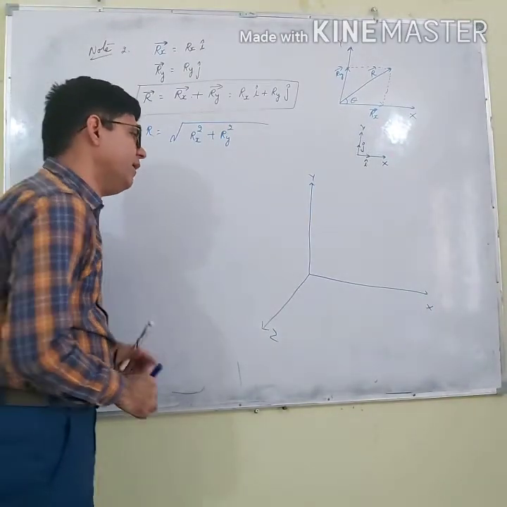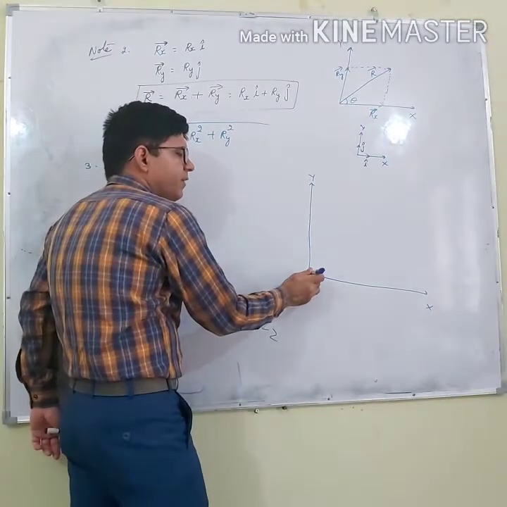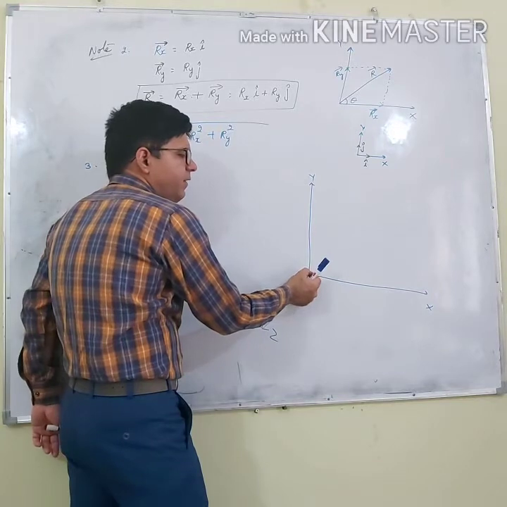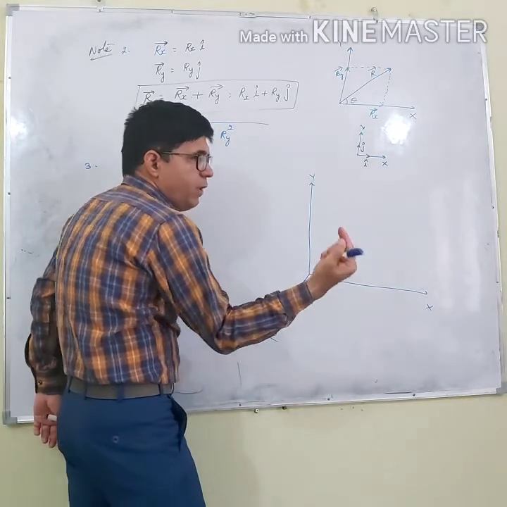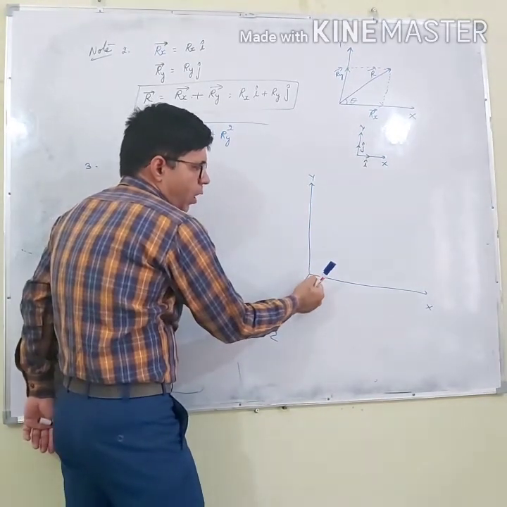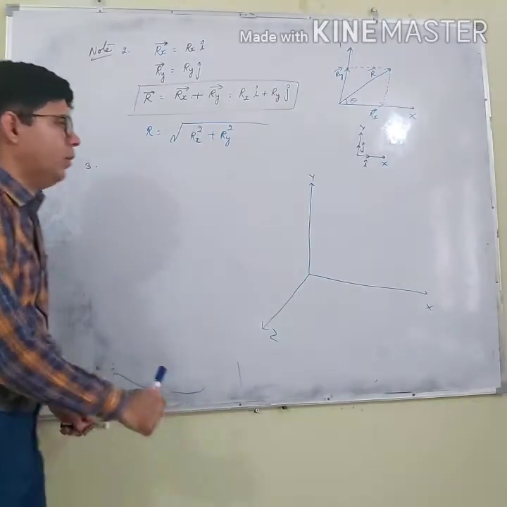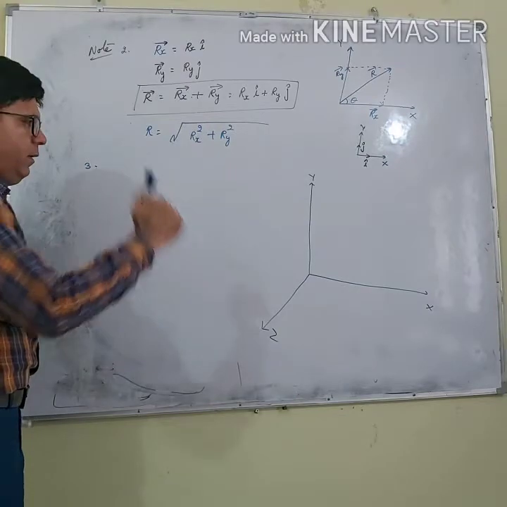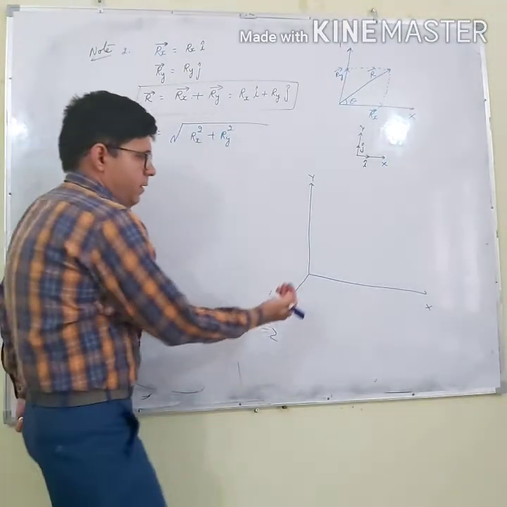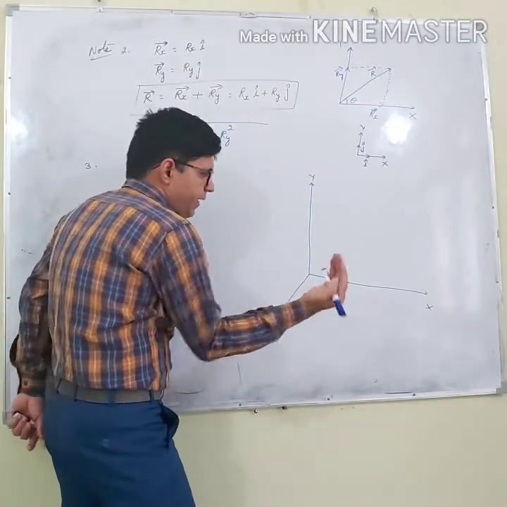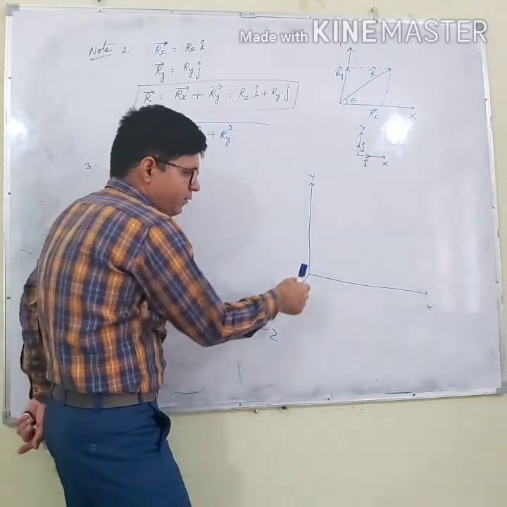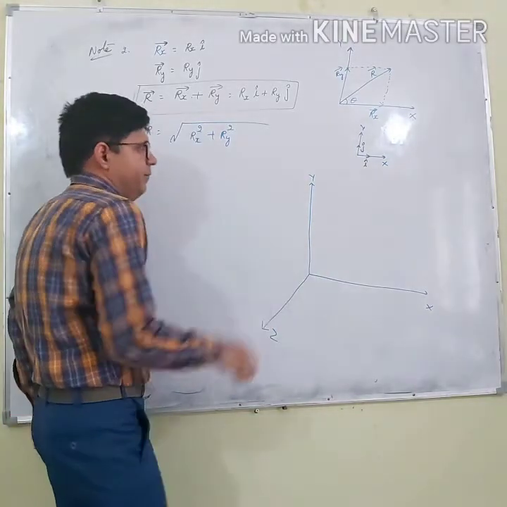It is shown here, but in actual practice, the z-axis is outwards, outward normal to the board, and inward normal. Z-axis is here, but I can't represent this line, so I have represented it by this line.